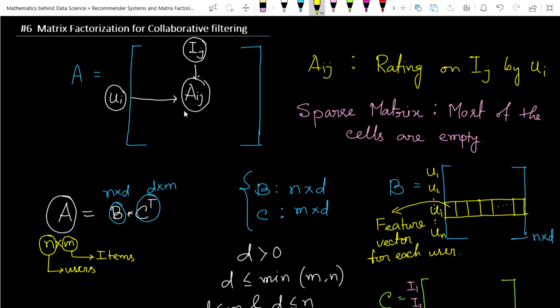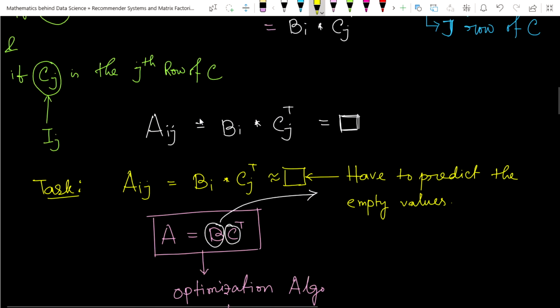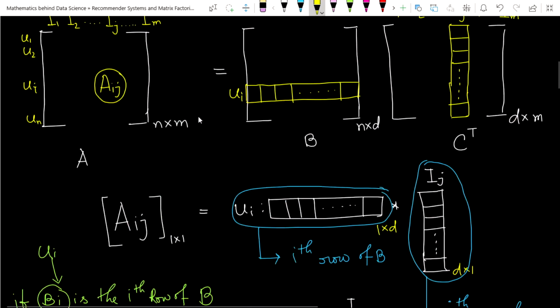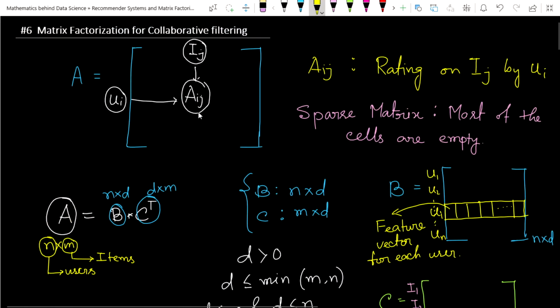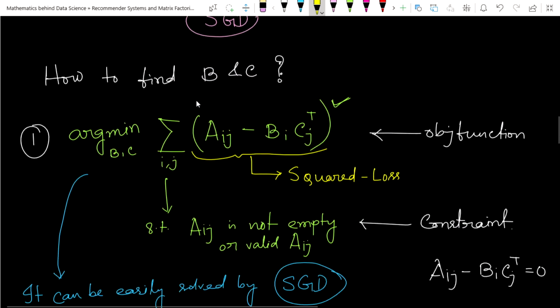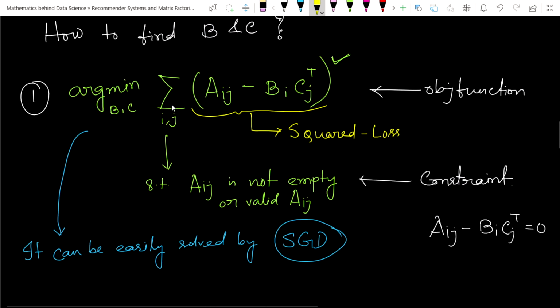So the task here is to predict these empty cells. The only data that we have is the few non-empty values, and the rest of the matrix is empty. So by using these non-empty values, we have to predict. First we have to build this optimization problem.